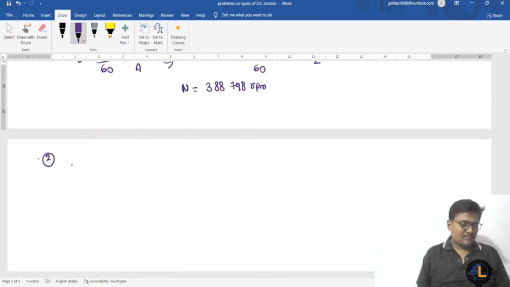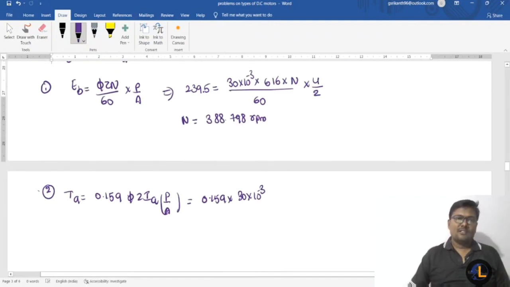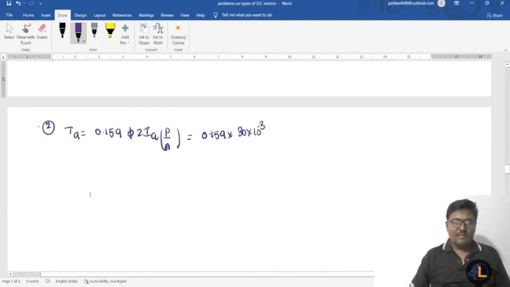The second problem. What he is asking in the second question is the armature torque: T_A is equal to 0.159 into φ Z I_A into P by A. 0.159 into φ, which is 30 milliweber.